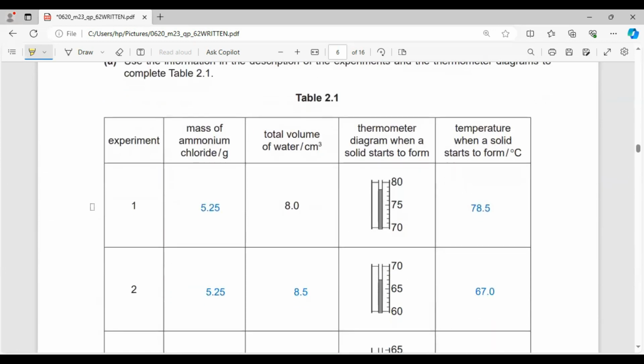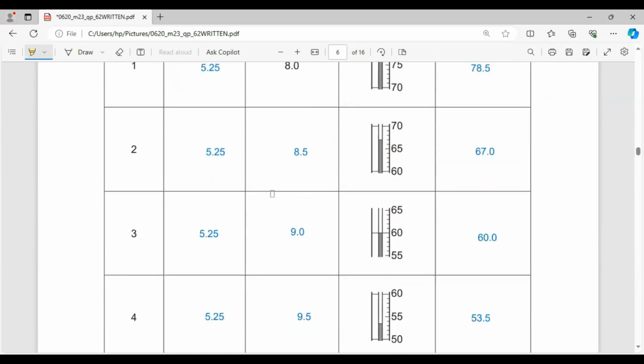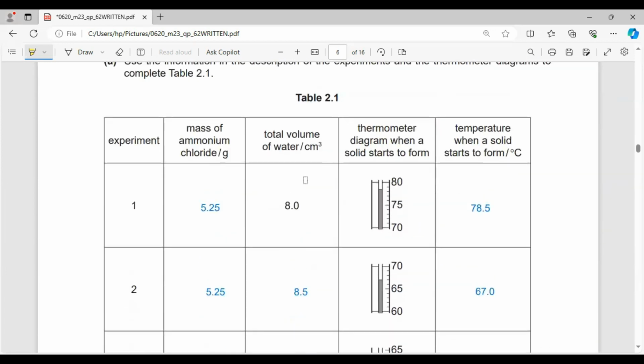In the table, they have given the number of times experiment repeated, the mass of ammonium chloride used, which remains constant in all the experiments, total volume of water used, which changes in each experiment, the temperature change in the thermometer, and the value.